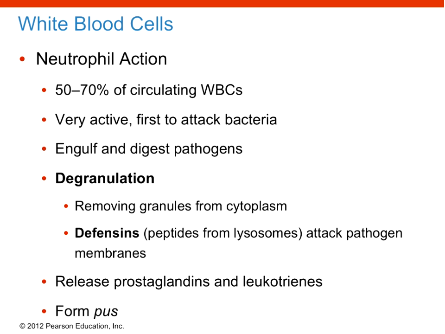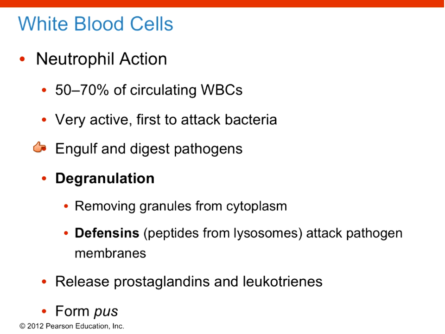So how neutrophils work, and we'll look at the next couple of slides here, how each of these white blood cells does its job. 50 to 70% of your white blood cells are neutrophils. They are phagocytotic. They do have the granules. Degranulation removes the granules from the cytoplasm.